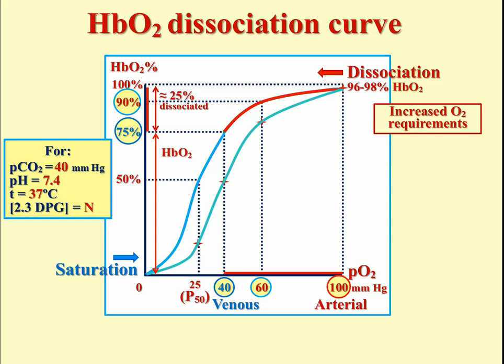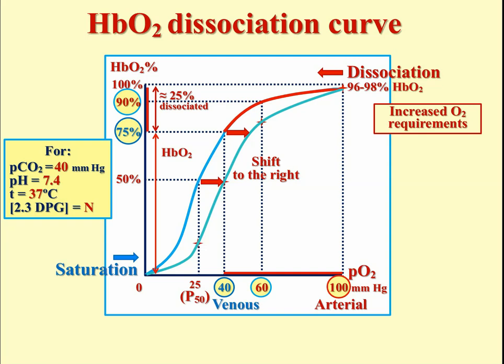Really the curve appears to be positioned to the right, and we call this the shift to the right. Such a shift to the right occurs when oxygen requirement increases and the parameters shown in the box on the left change to the side of higher CO2, lower pH, which corresponds to higher H plus ions, higher temperature, and higher diphosphoglycerate concentration.